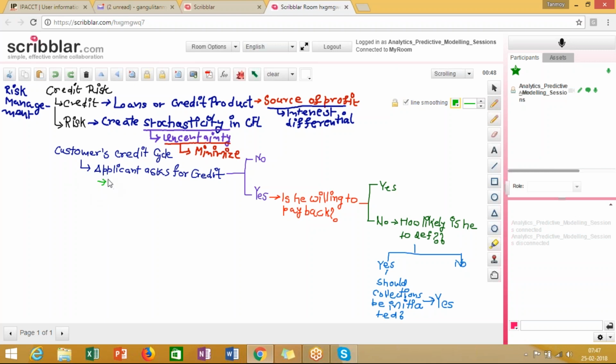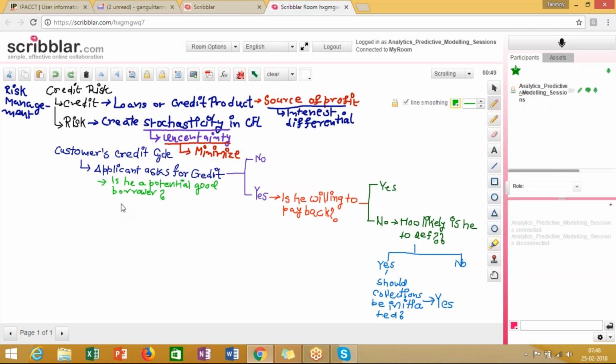The first question that the bank poses is, is he or she a potential good borrower?